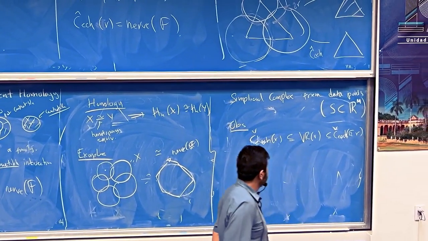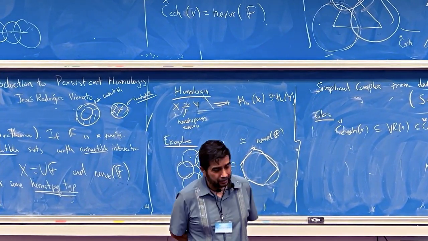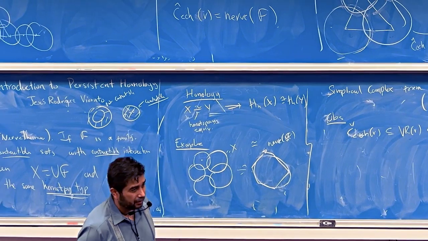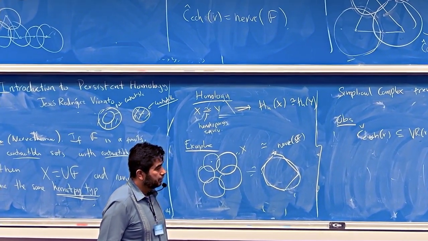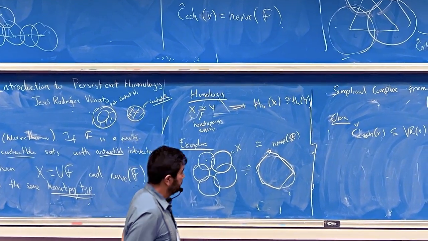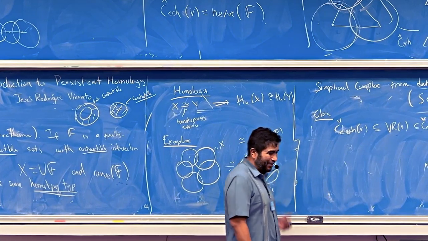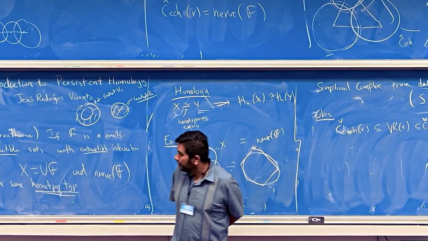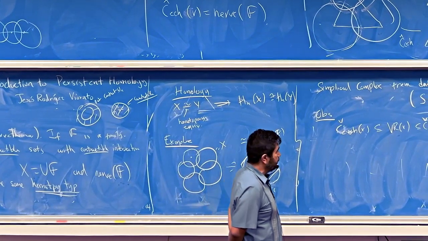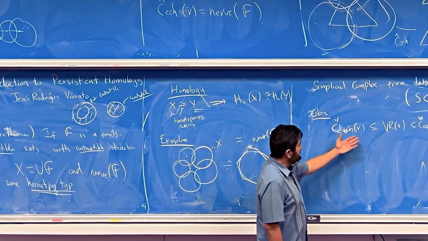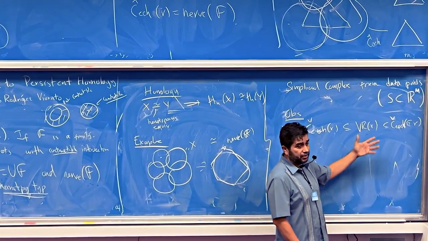So I was wondering if there is some kind of similar relation between the Čech complex and the Vietoris-Rips complex of that sort. No, I don't. This is my first time hearing about this relaxation of the nerve theorem, but I think what is going to happen is that you will have a relation between the persistent homology of this thing and the persistent homology of this thing.